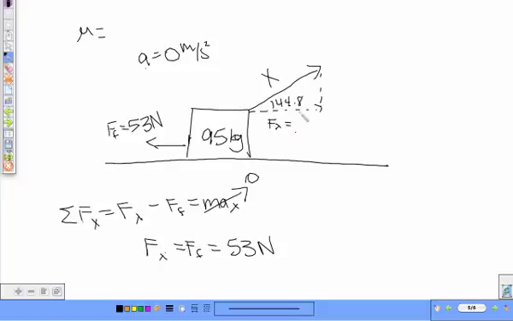Yeah, I changed that, so that should be 53 newtons for friction. Okay.